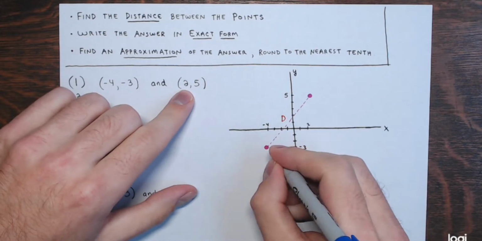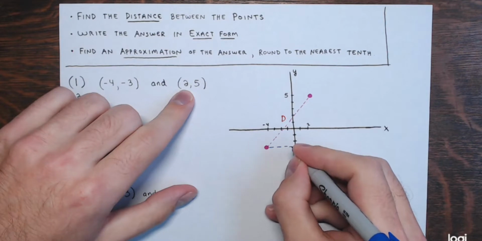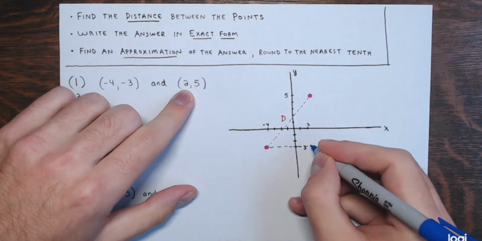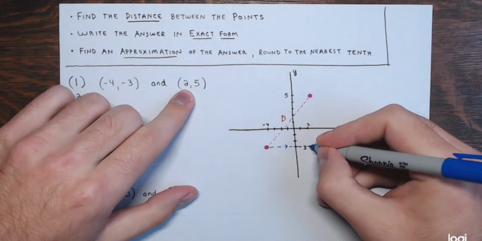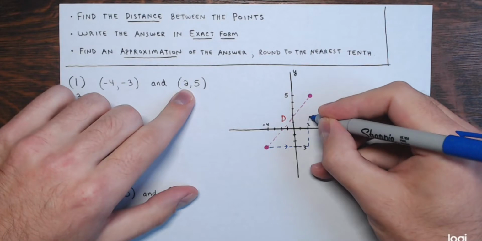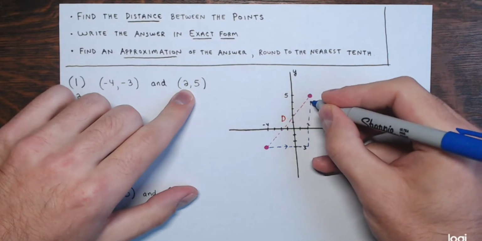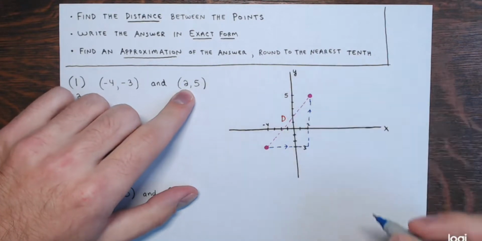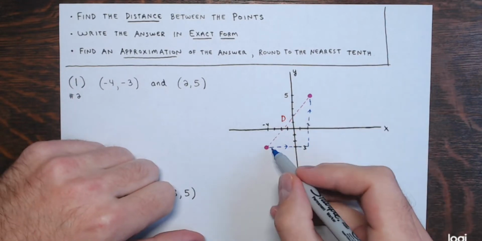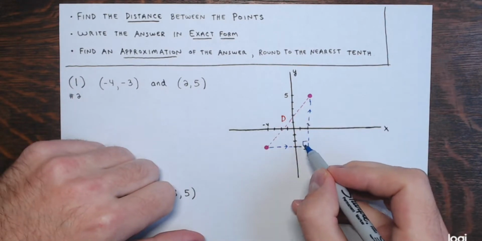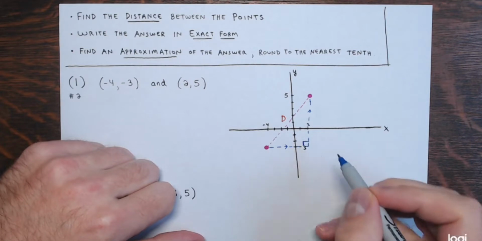I travel to the right until I get underneath 2 here. And then I would travel up until I get to y = 5, until I reach that point. And hopefully you can see the little dotted right triangle that I've created here. I made a right angle turn here.